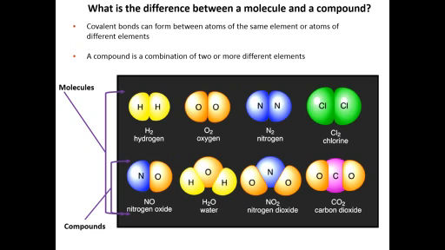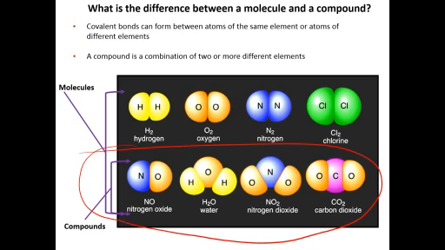Compounds involve the combination of 2 or more different elements. So nitrogen oxide, water, carbon dioxide, carbon monoxide, all of these are compounds. Hydrogen gas, oxygen gas, chlorine gas, nitrogen gas, these are molecules. Nitrogen oxide is a molecule. Water is a molecule. But only this bottom row are examples of compounds.